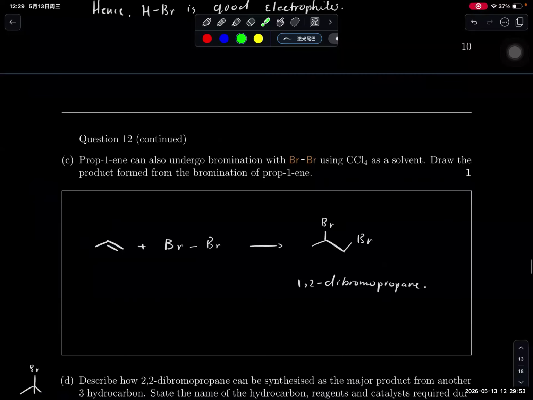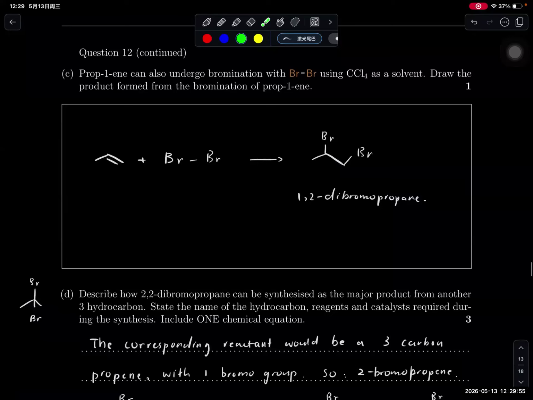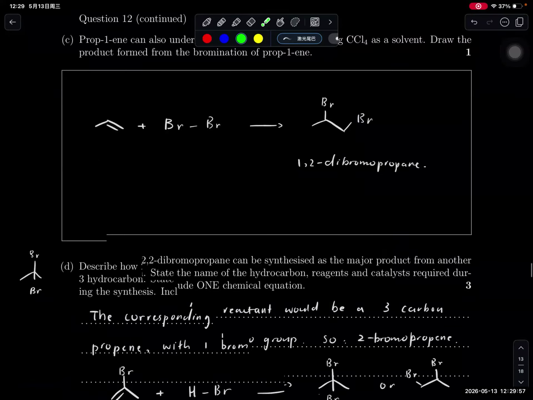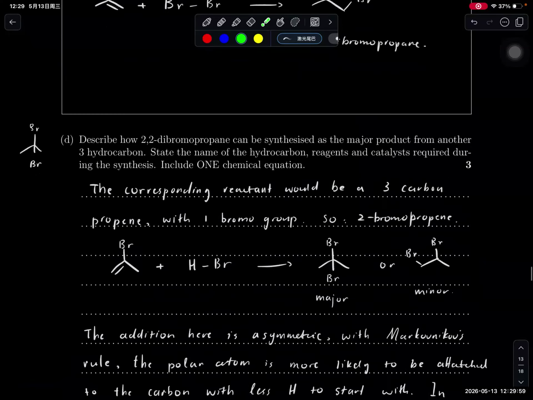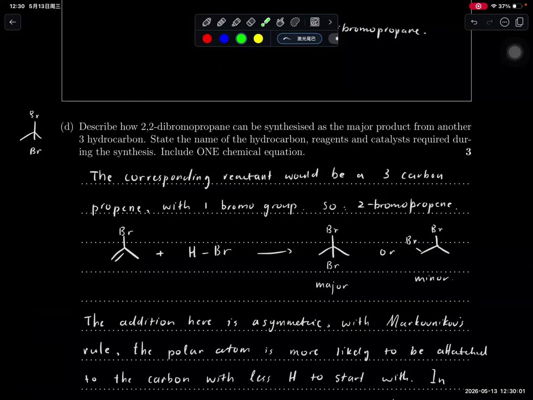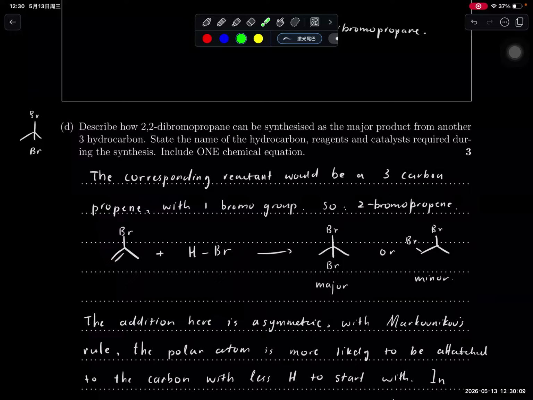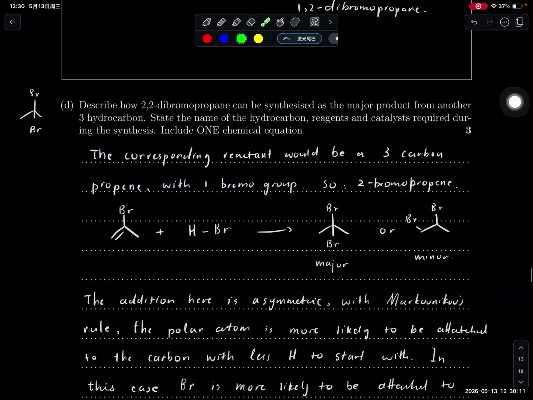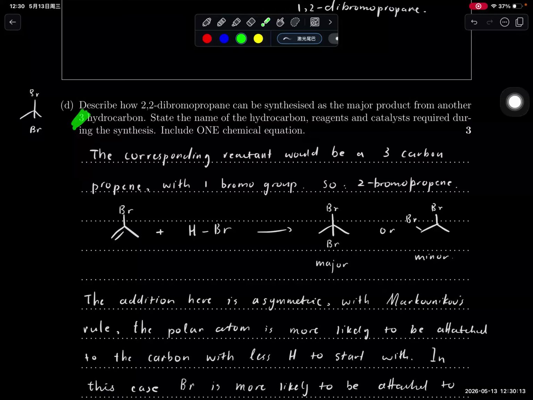Continue to question C, another bromination reaction. And then question D: describe how 2,2-dibromopropane can be synthesized as a major product from another hydrocarbon. This 3 should be a typo. State the name of the hydrocarbon.